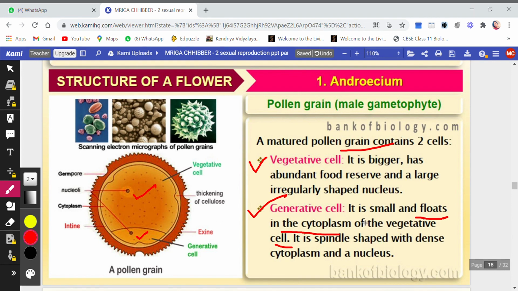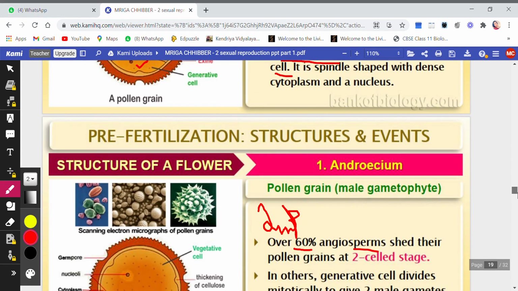It is spindle shaped with dense cytoplasm, and a nucleus is also present. Vegetative cell is also having a nucleus. Generative cell is also having a nucleus. I hope this is quite clear.